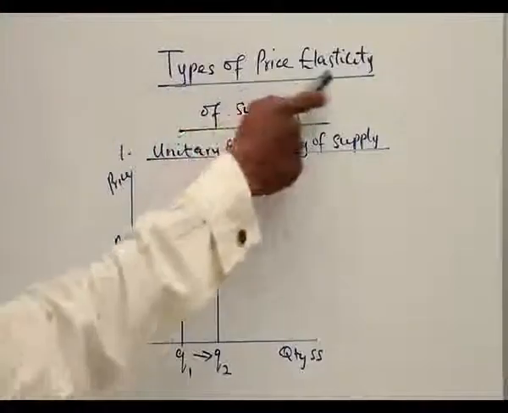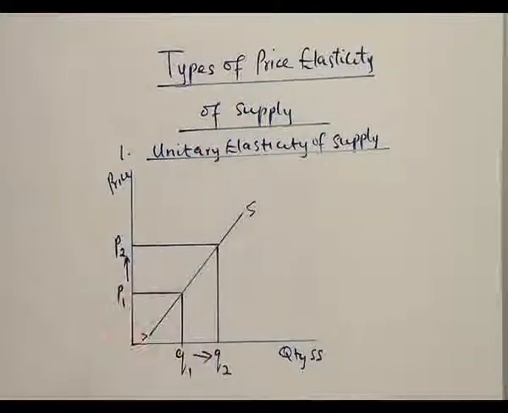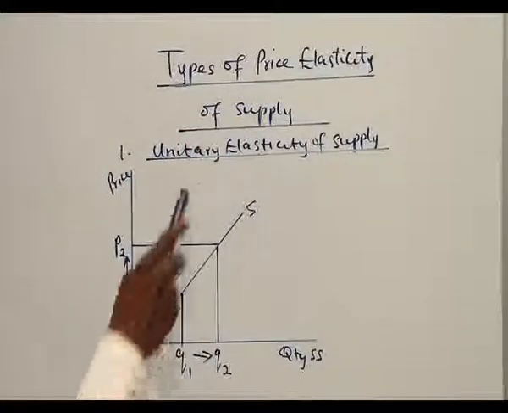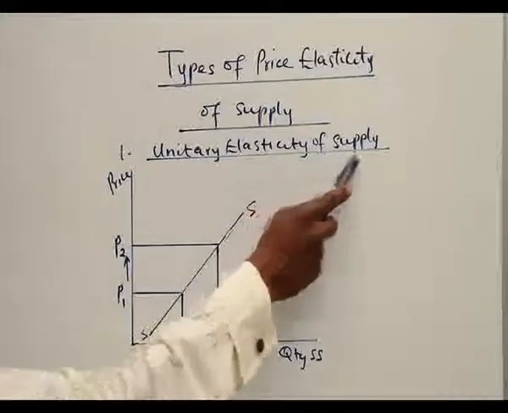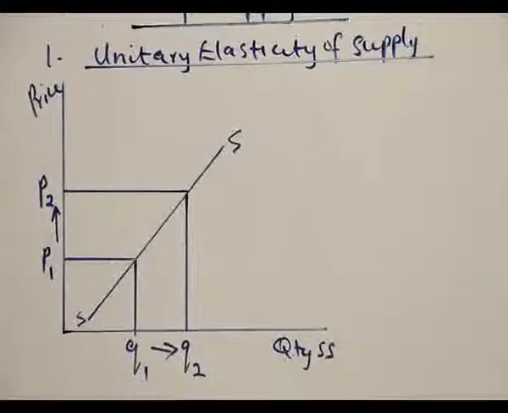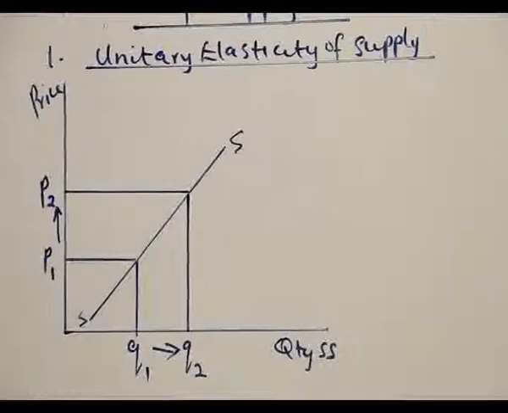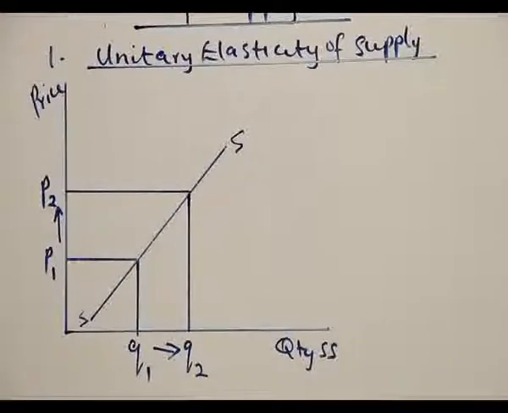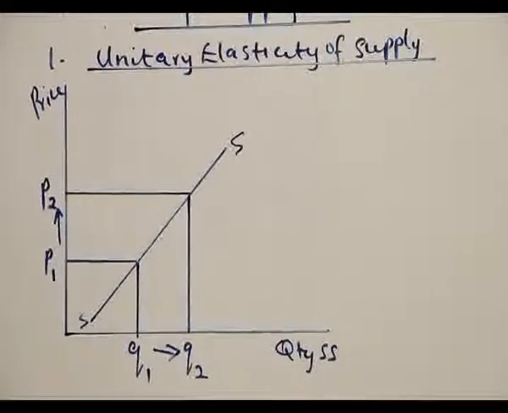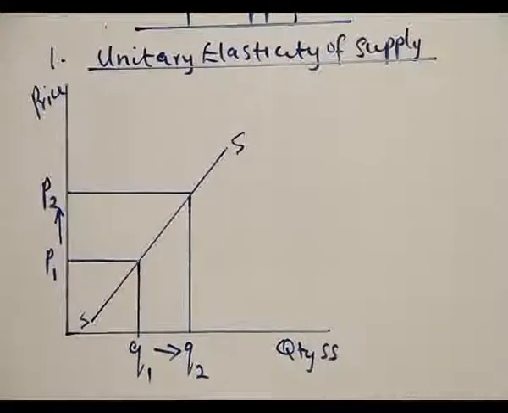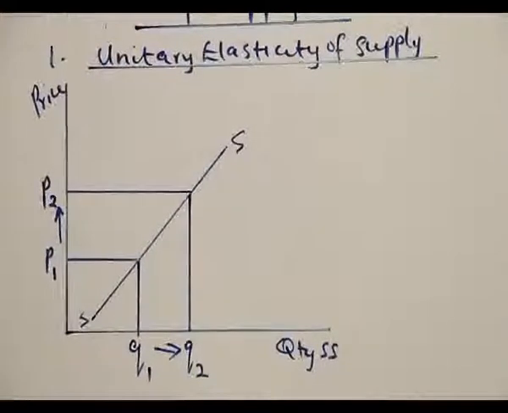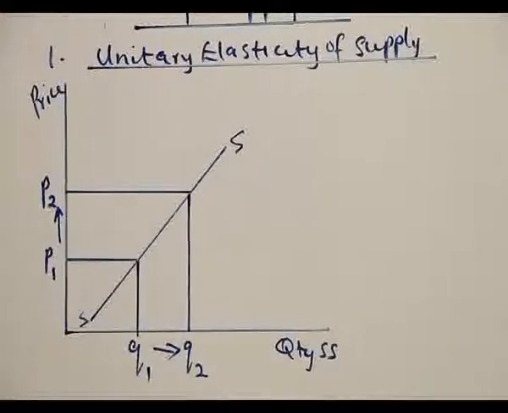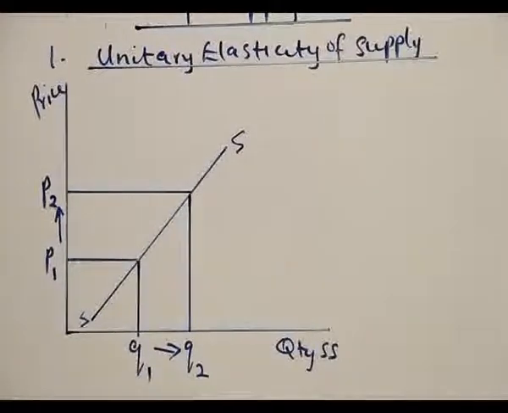Types of price elasticity of supply. Number one, unitary elasticity of supply. When we are talking about unitary elasticity of supply, we are trying to look at the relationship between quantity supply and the price, that is, in terms of the effect of price on supply.